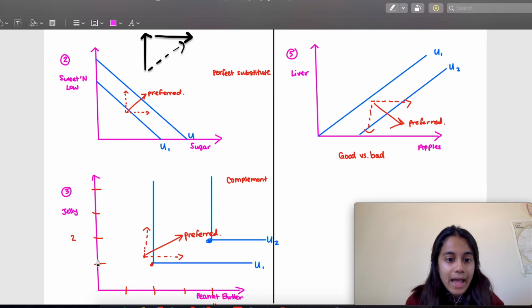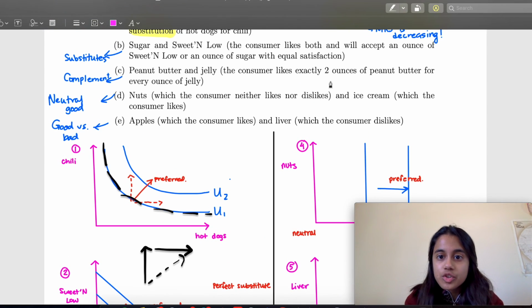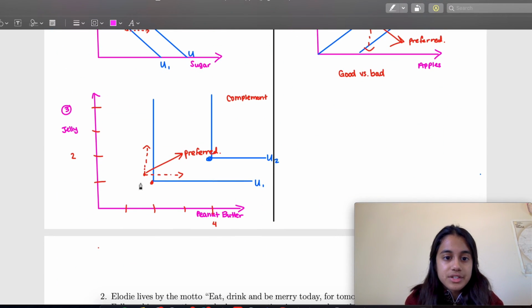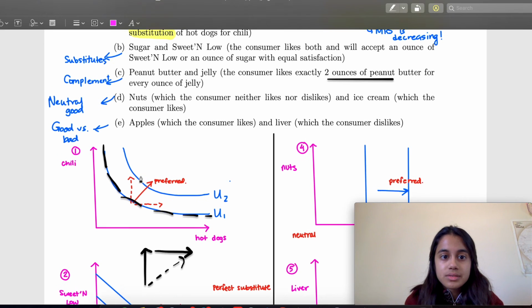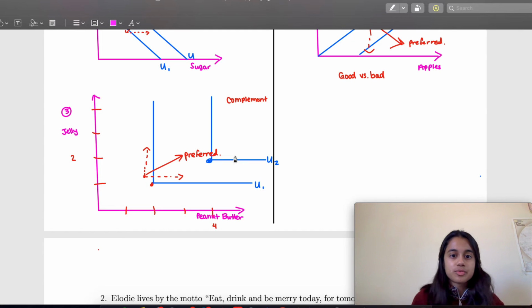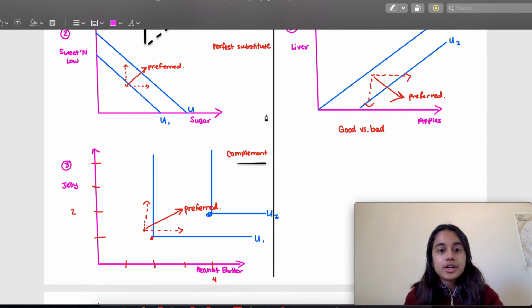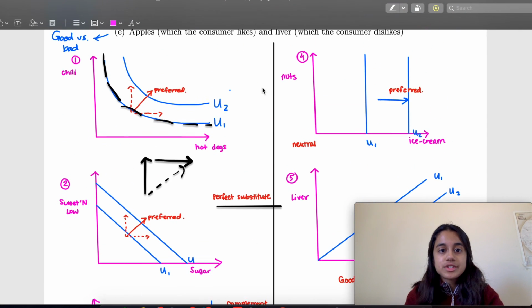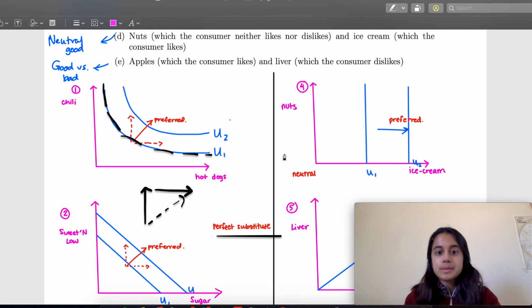It says that you prefer 2 ounces of peanut butter for every ounce of jelly. That's where my 2 comes from. So this is like 1/2, and that's our slope right over here. That was supposed to be straight. But this is a complement good. These are perfect substitutes, and this is just a diminishing marginal rate of substitution.